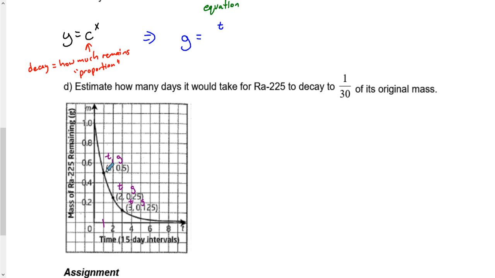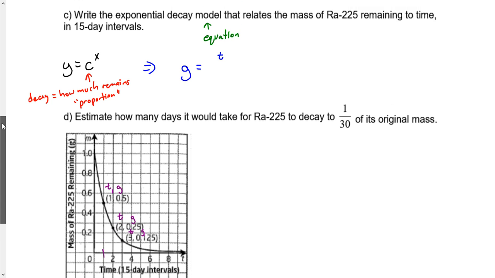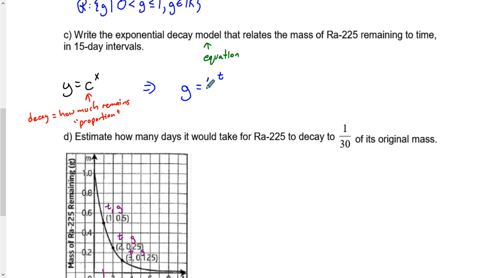Every single 15-day interval, the mass is becoming half of what it was before. After 15 days, that 1 gram has become half a gram. That half a gram then becomes a quarter of a gram. That'd be an eighth, a 16th. Our proportion, our base, is actually just a half then. And that's it.